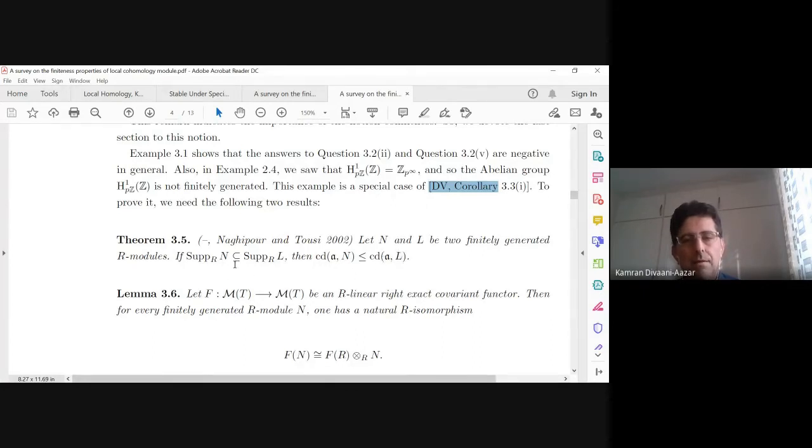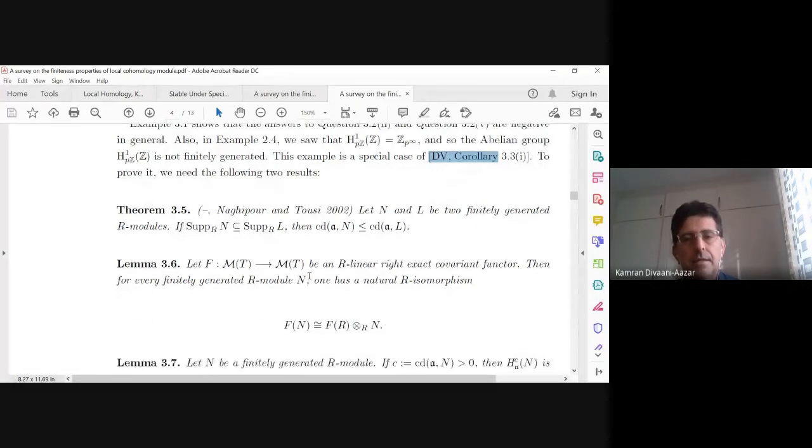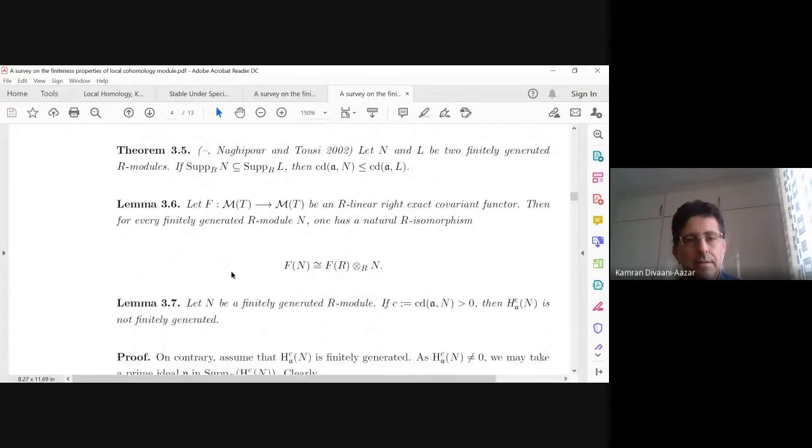So modules with bigger support have bigger cohomological dimension. And the second one is an elementary result in basic homological algebra.